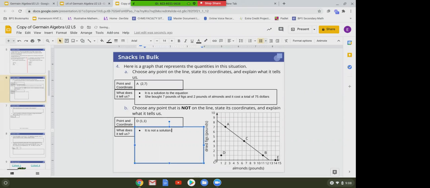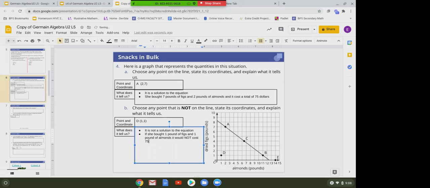And then what does that tell us in the context of the story? It tells us that if she bought 1 pound of figs and 1 pound of almonds, it wouldn't equal 75. Very good. If she bought 1 pound of figs and 1 pound of almonds, it would not cost $75.